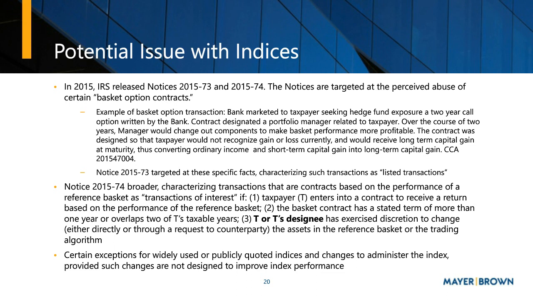And all during this time, all these changes are being made to increase the value of the basket, but the taxpayer was not recognizing gain or loss on the switches in the components in the basket. And basically, Notice 2015-73 says not so fast. These amounts should have been a sale or exchange each time you switched out the components.